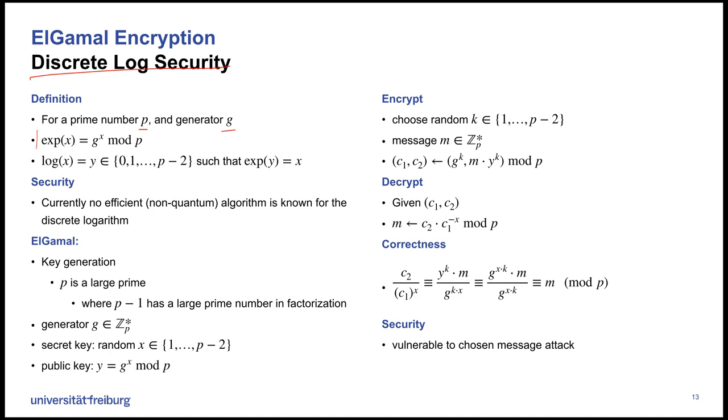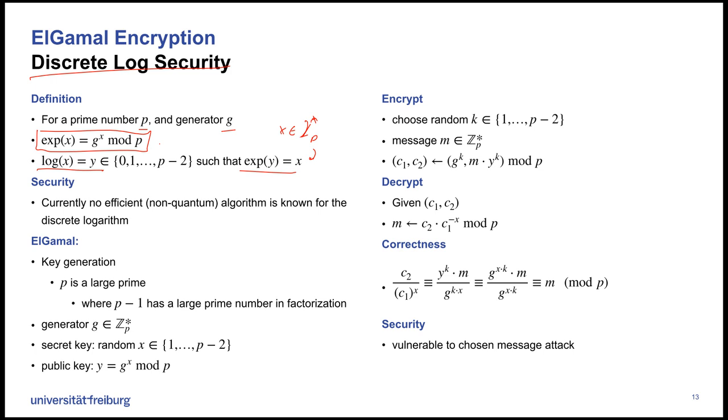Then the exponential of x is just g to the x modulo p. So that's something you know, and we know that it repeats. And the logarithm will be that y such that exp of y is equal to x. Of course, we only define the logarithm for elements in Z star p, so we use x as an element of Z star p in this case. Otherwise, it does not exist.